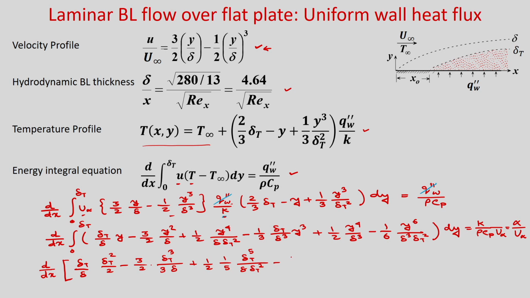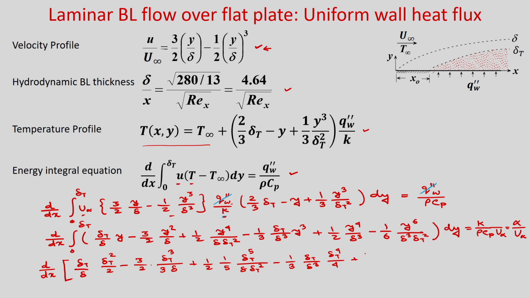Then you will get minus 1/3. It will be y to the power 4 by 4, right. So, it will be delta_t by delta cubed, so delta_t to the power 4 by 4.